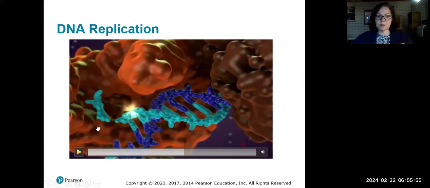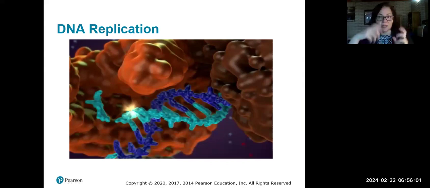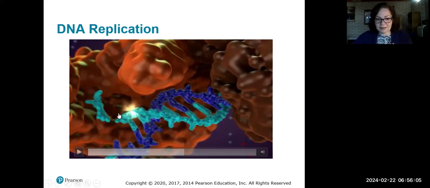So that's the complementary pairing that's happening. The little sparkle of light represents those phosphate groups coming off, transferring the energy so that we can get that covalent bond to form here. And the enzyme that's helping us with this is in orange, this DNA polymerase.